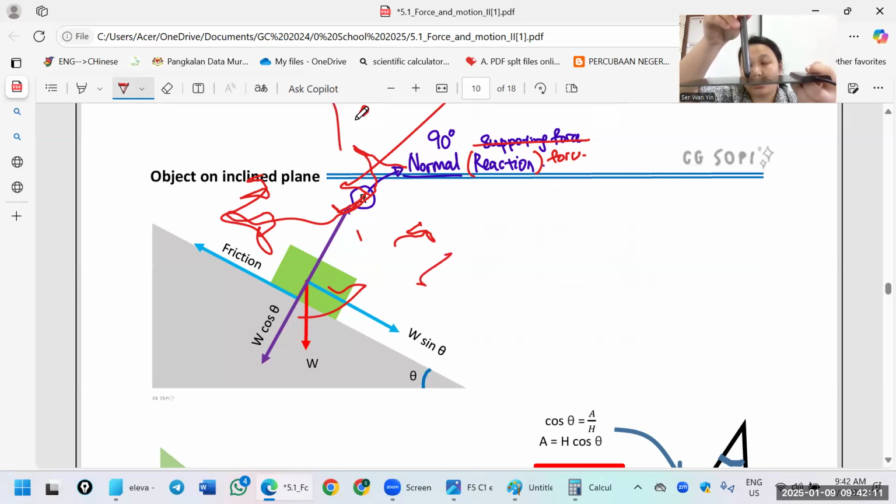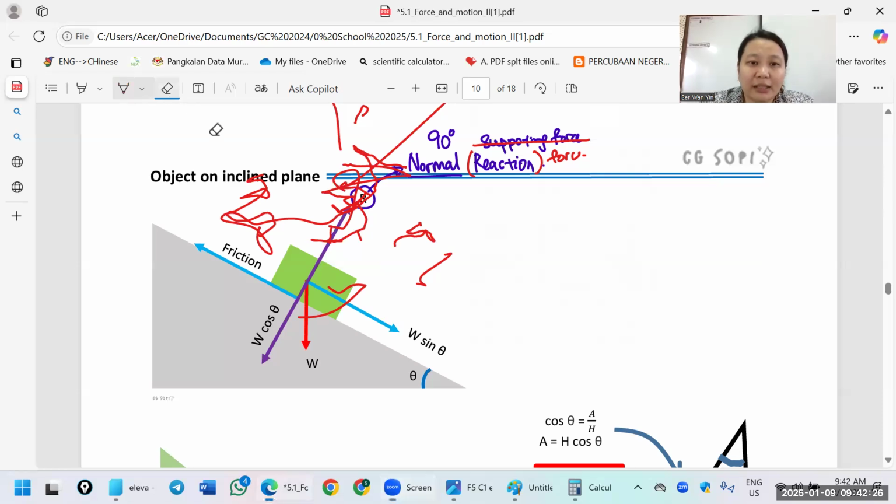But actually they should always be 90 degrees. Supporting force, yes, thank you. Very good.